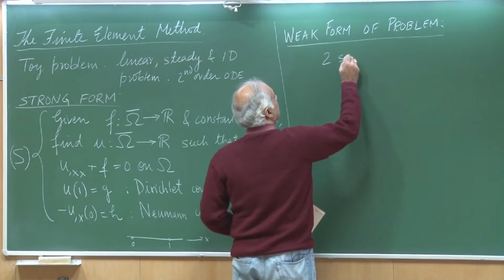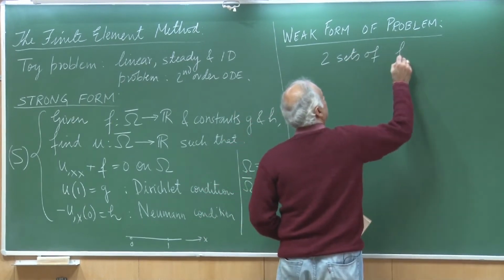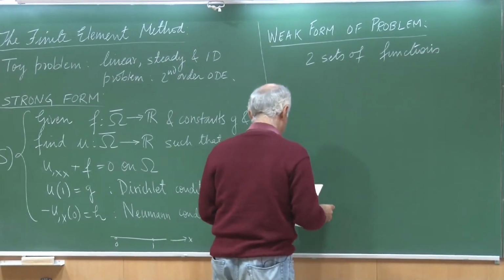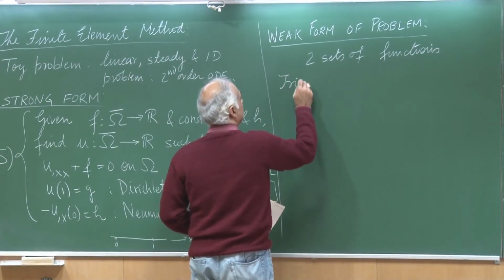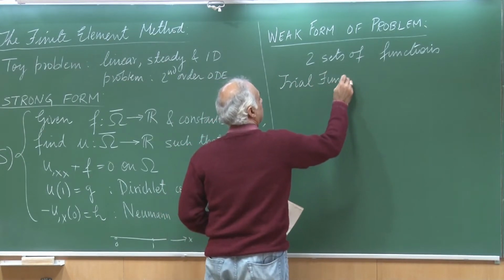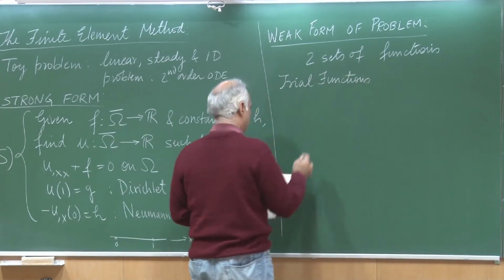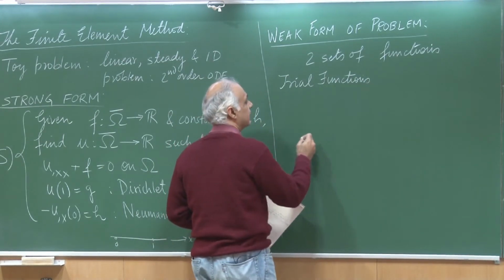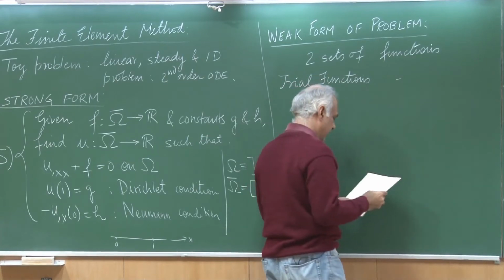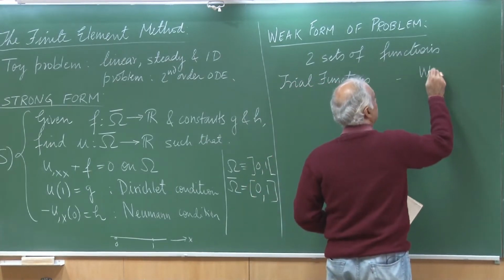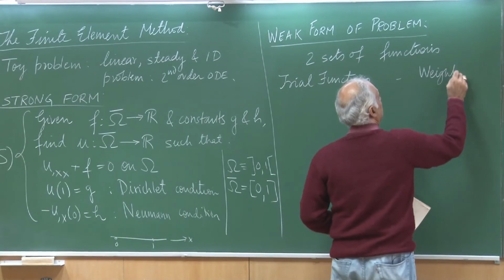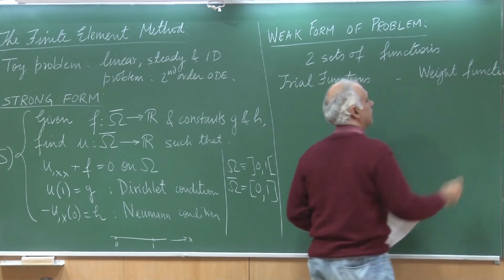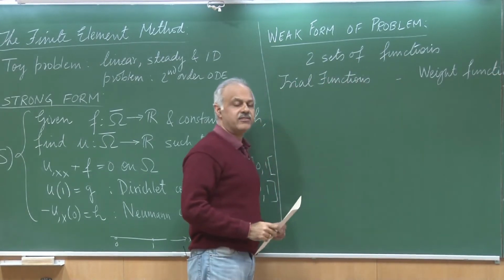Two sets of functions: the trial functions, which we are also going to call the trial solutions, and then of course the weight functions. Sometimes they are also known as the variation functions.